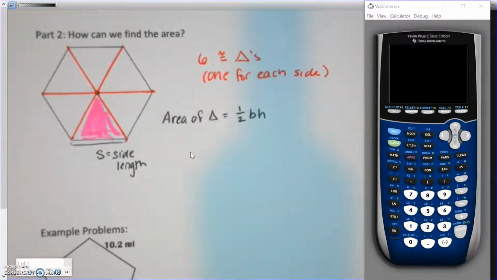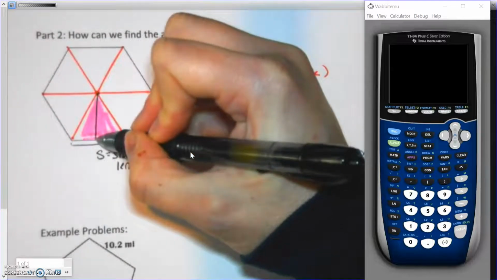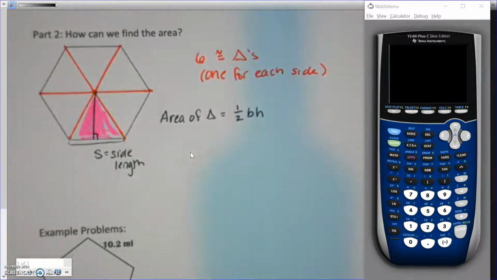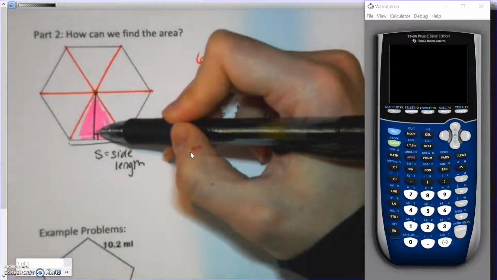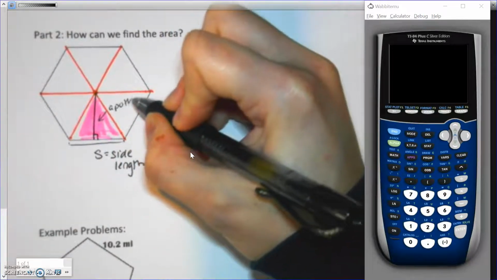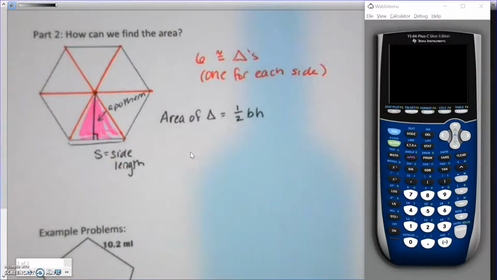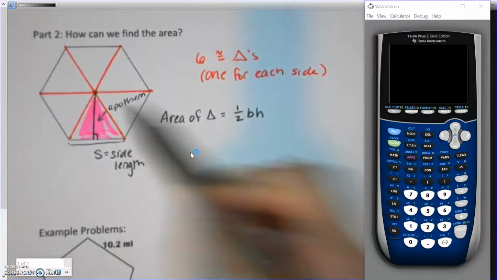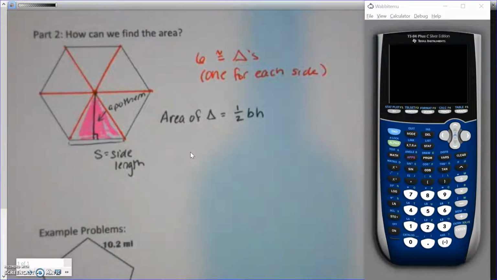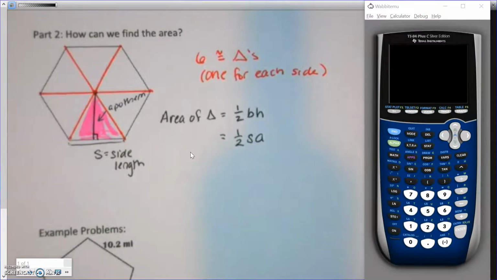And then the height, we learned about this term in our last video. This is our apothem. So if we can figure out what the side length and the apothem is, we can figure out the area of the triangle.